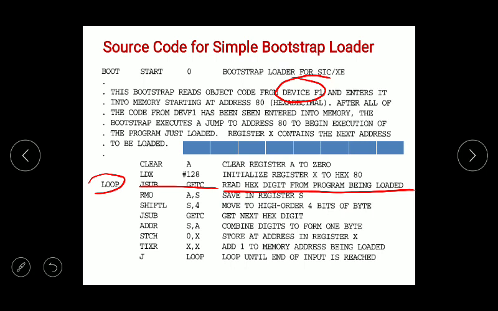We are reading an object program from the device F1. So if it is in hexadecimal, then it is fine. If it is not in hexadecimal form, we have to convert.